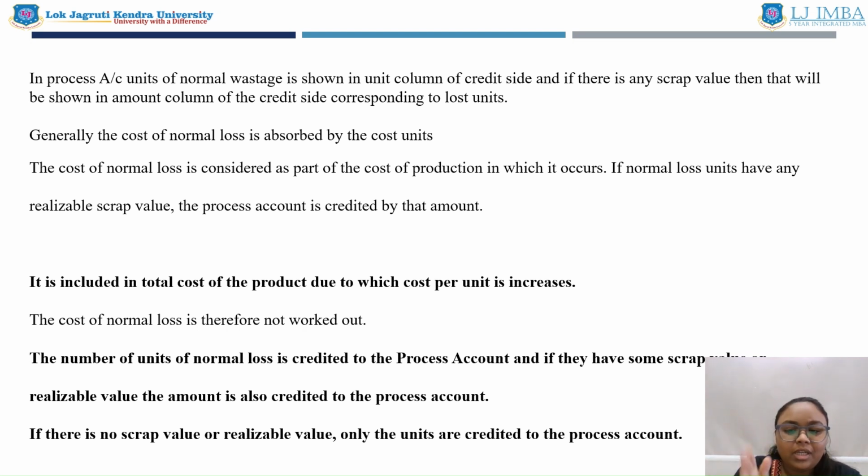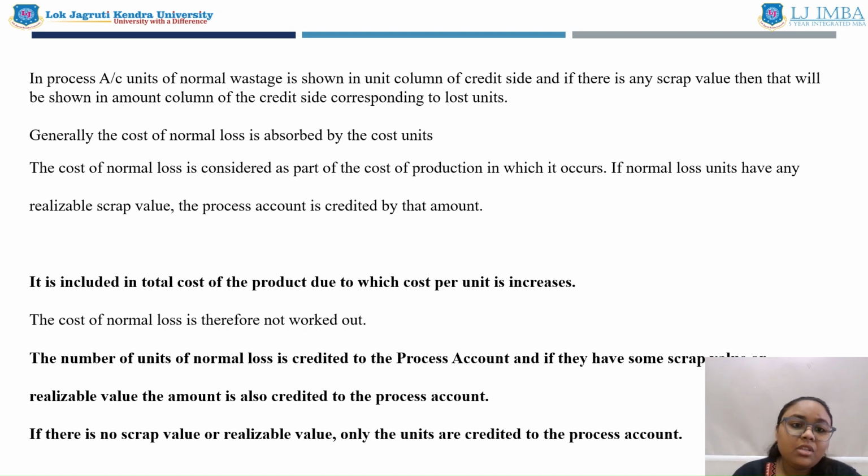If there is any scrap value, then it will be shown in the amount column of the credit side corresponding to the lost units. It is not necessary every time that your normal wastage has scrap value. Sometimes there would be no scrap value. Then in your process account on the credit side units column, you will have the units, but in the amount column there will be no amount.